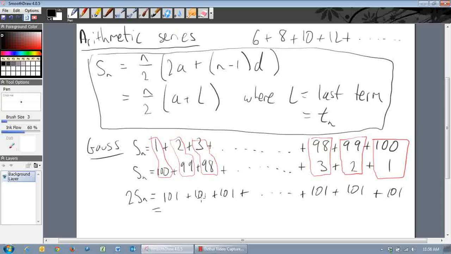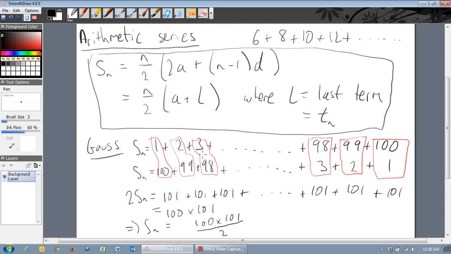I'm going to run out of space again. How many lots of 101 do we have here? Well, there are 100 numbers here. n is equal to 100 in this case. So really, that's 100 times 101. And so therefore, the sum, Sn, is equal to 100 times 101 divided by 2.